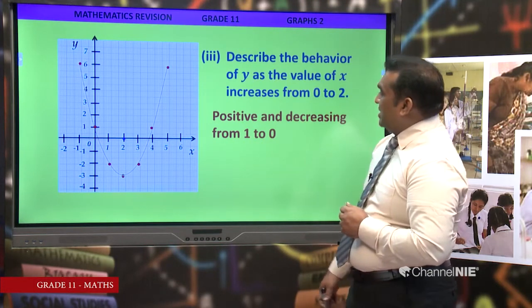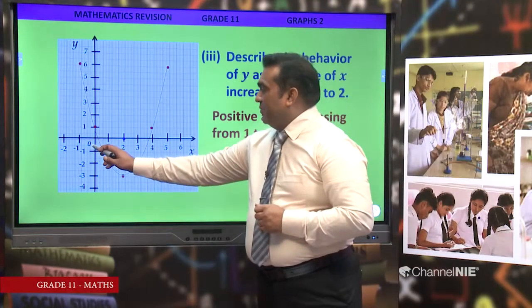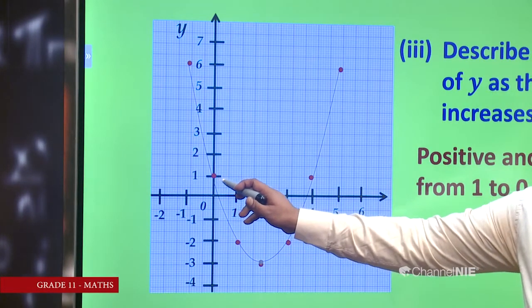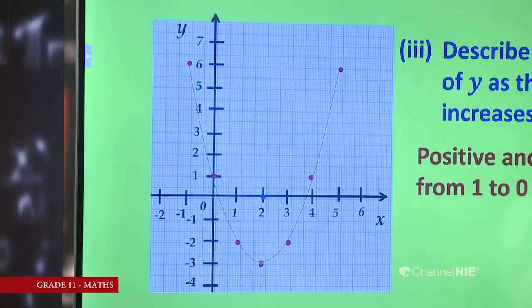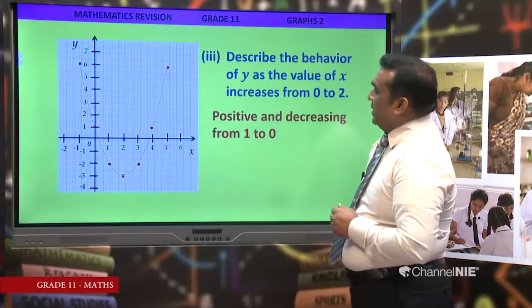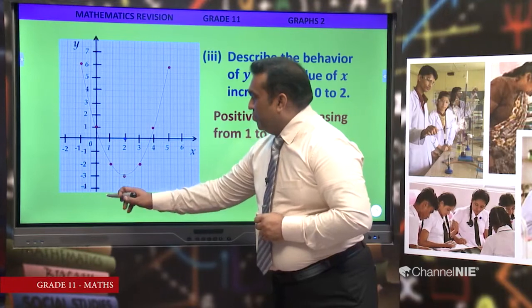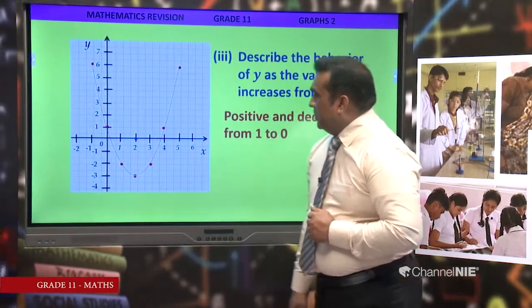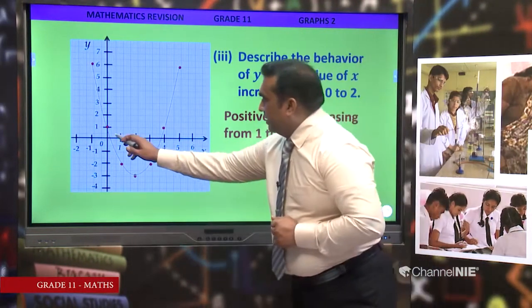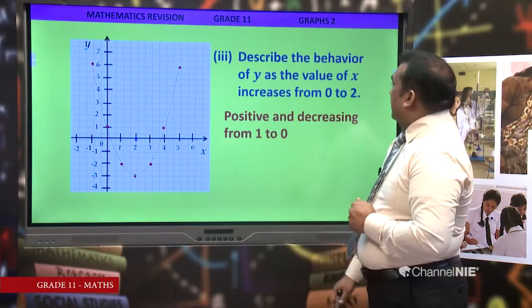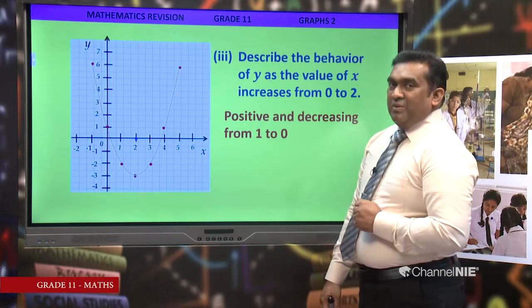When x equals 0, you can see y is positive. Positive and decreasing. It is decreasing from 1 to 0. Can you understand it?